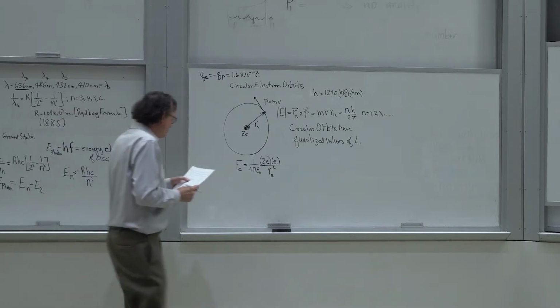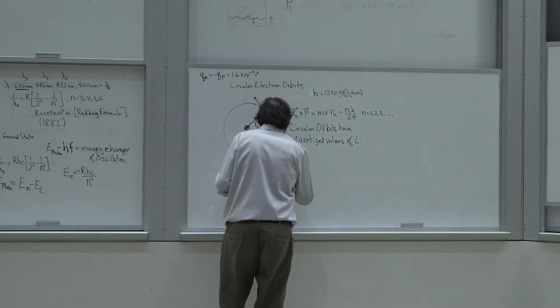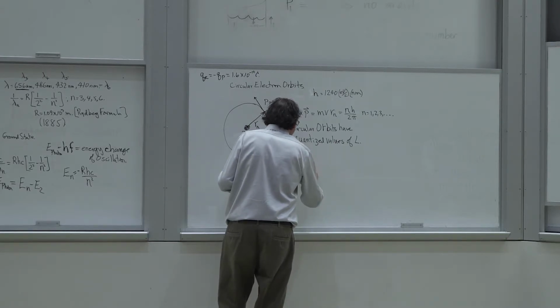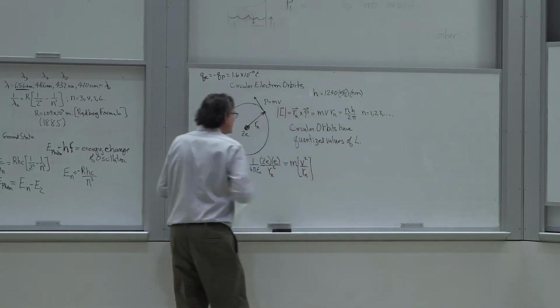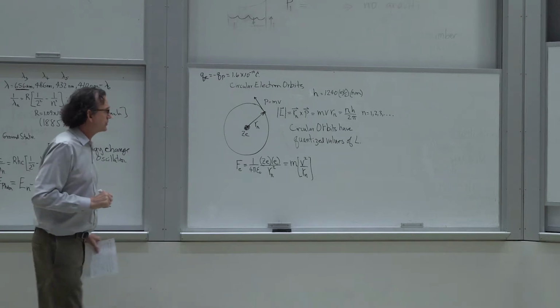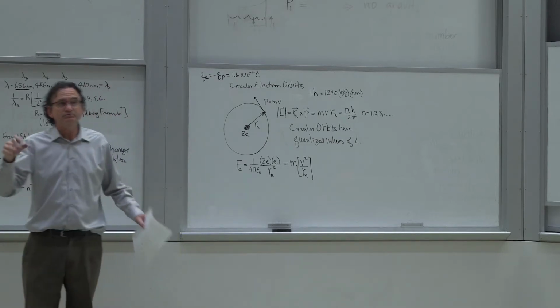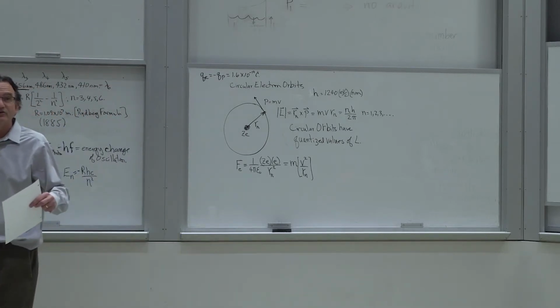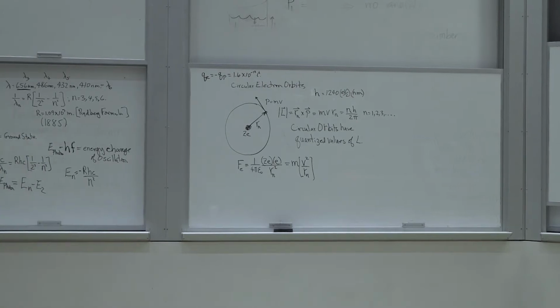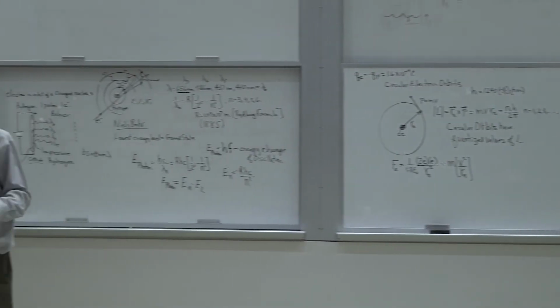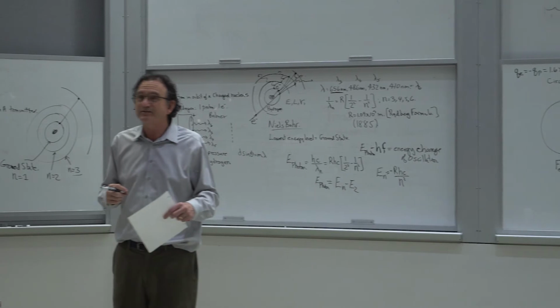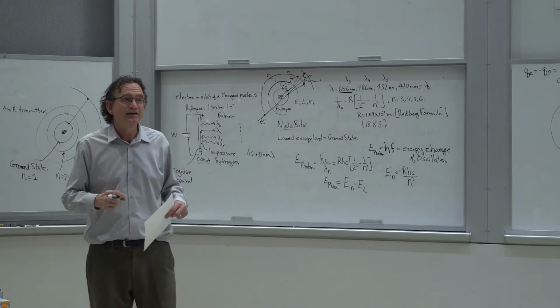And this, according to Newton's second law, is equal to mass times acceleration, but acceleration in a circular orbit is v squared over r. V squared over r is the acceleration for circular motion. Everybody remember that from mechanics? If you didn't, go back and check it.